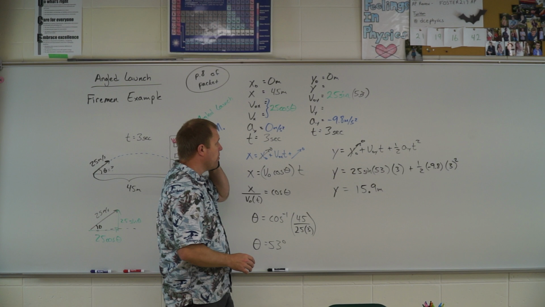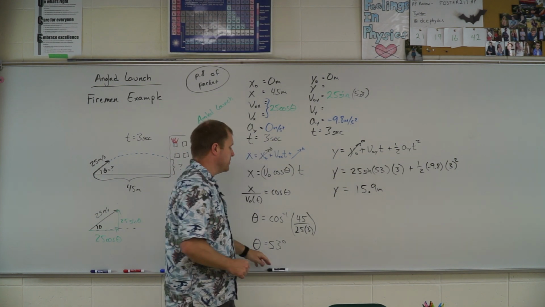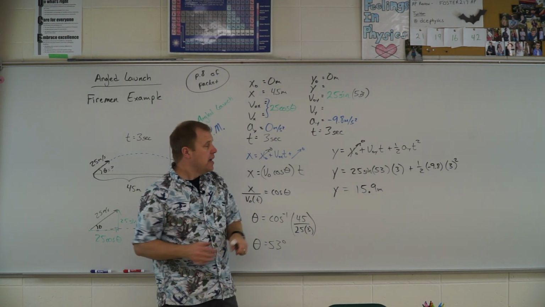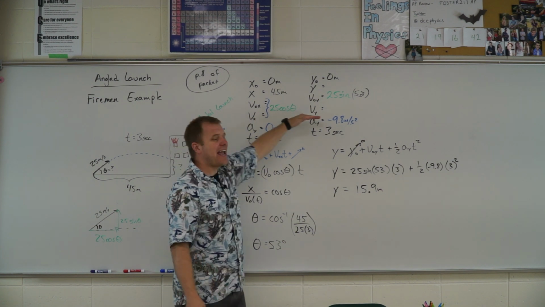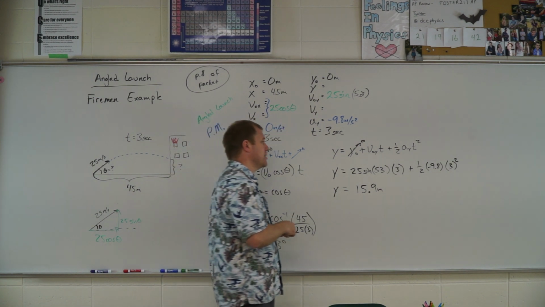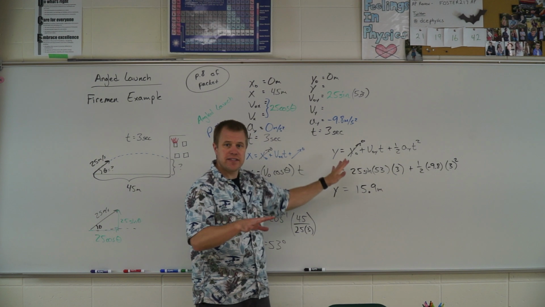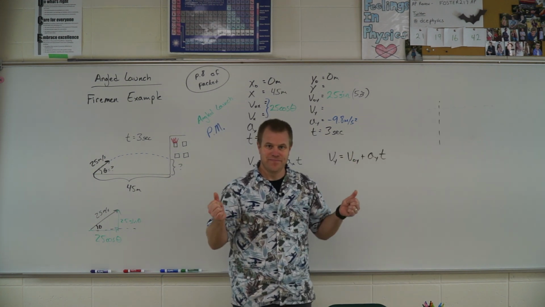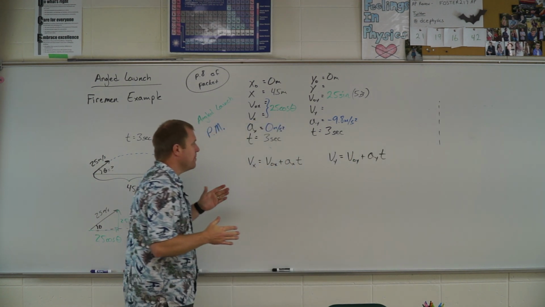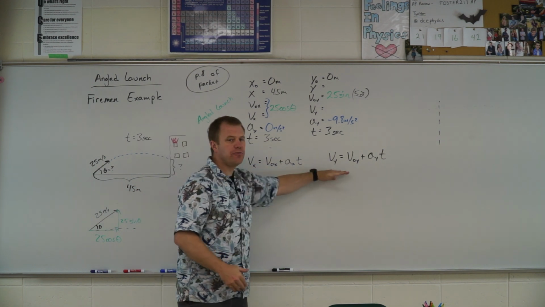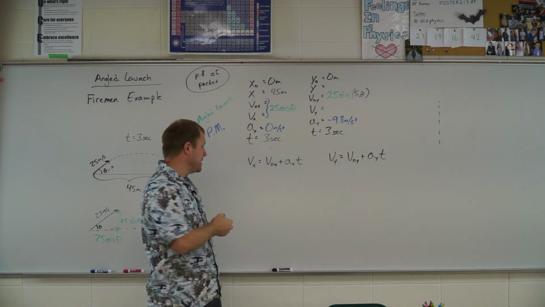Now, in order to solve for the final velocity, I need to find both the x and the y components of that velocity. So let me erase a little bit here and we'll start up. All right, so we got this set up. Now we're going to find these two final velocity components and put them together.